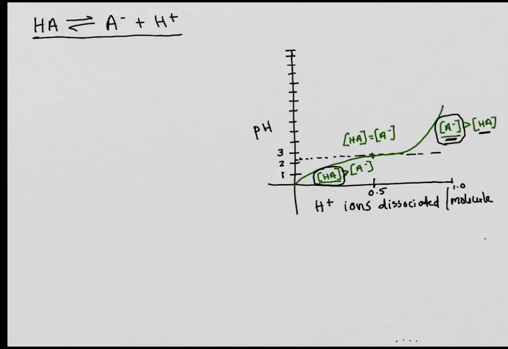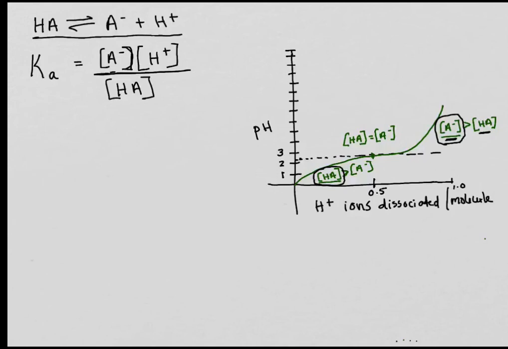We know that Ka is equal to A minus times H plus, the numerator, divided by the concentration of HA, the denominator. Now we can solve for H plus because we want an expression that will allow us to understand pH.